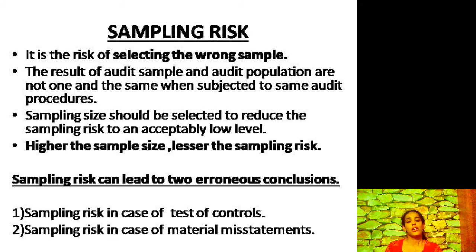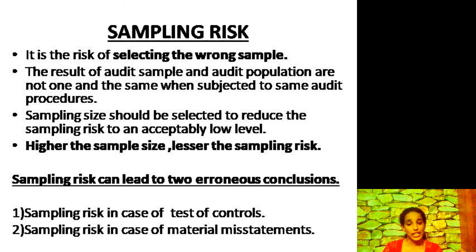Now, how can I reduce the sampling risk, or to what extent should the sampling risk be reduced? The auditor should select the sample size in such a way that the sampling risk is reduced to an acceptably low level. So he has to make sure the sampling risk is negligible, or at a very, very low level.